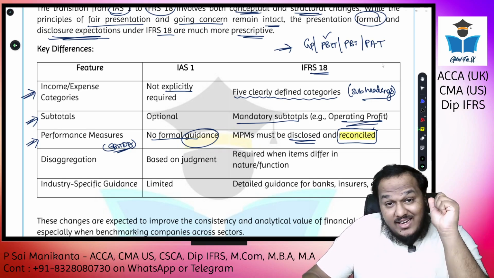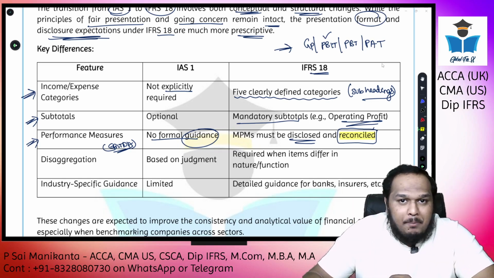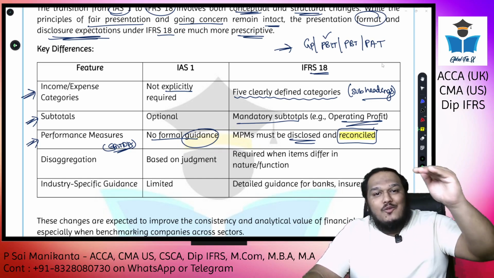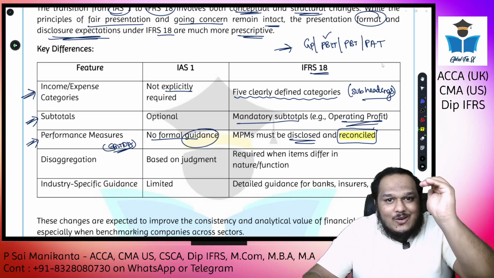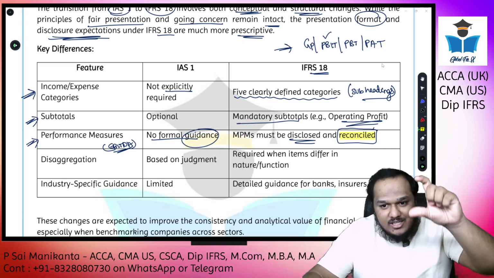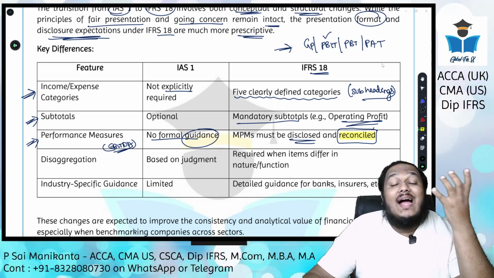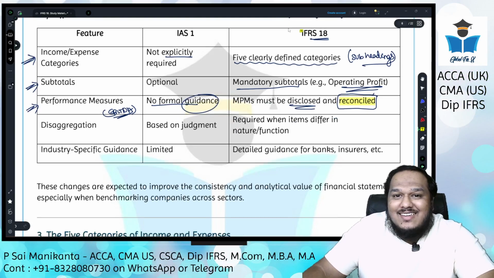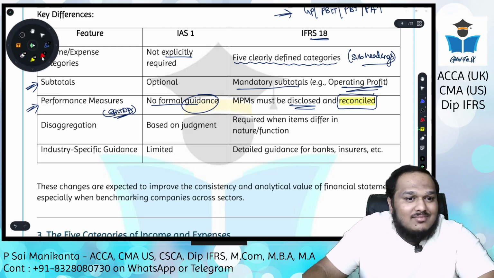Now whenever they present adjusted EBITDA as a management performance measure, MPM, they should show a reconciliation. Net profit is minus 5 million. How did they come to plus 100 million? What are all the additions and subtractions they did? They should show a reconciliation. Now there is less possibility to hide something from the users, right? So reconciliation is nice. It's the nail in the coffin.